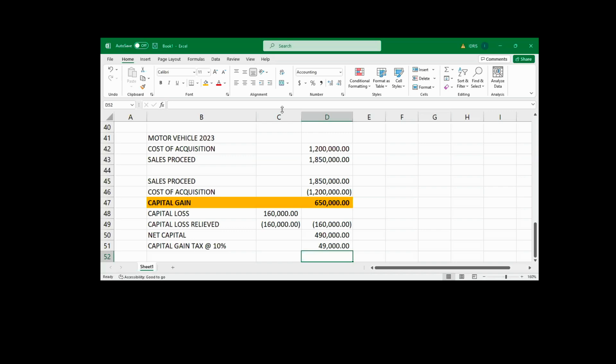What is rollover relief? What are the types of rollover relief? What are the assets subjected to rollover relief? What are the exemptions given to rollover relief? All these, we are going to look at one by one under the topic called rollover relief.